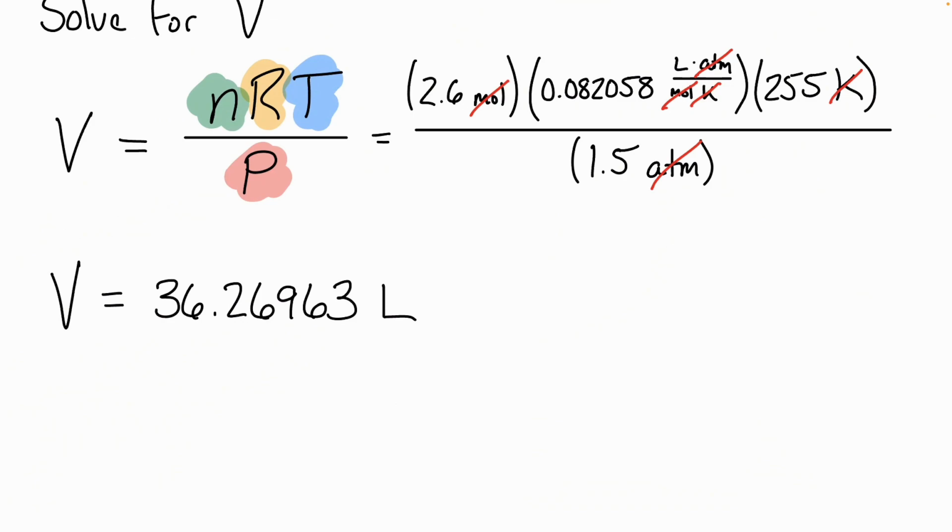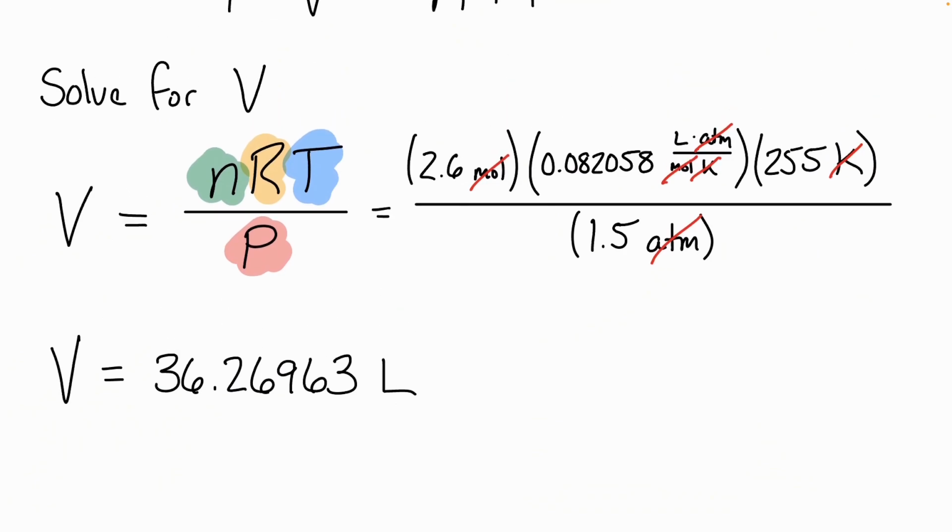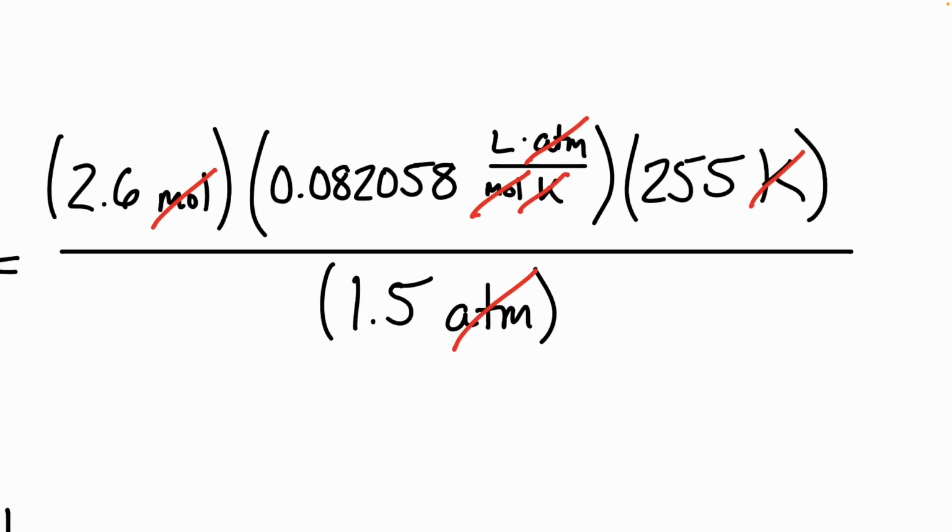All right, and it's been a minute since we've done some math in this course, but what's the last step that we always got to do? Sig figs. Okay. Now, there's a lot of terms here, but fortunately, this is just a multiplication division problem. So all we got to do is go through and count our sig figs in everything and make sure that our final answer is reported to the minimum number of sig figs. So my moles and my pressure have 2.